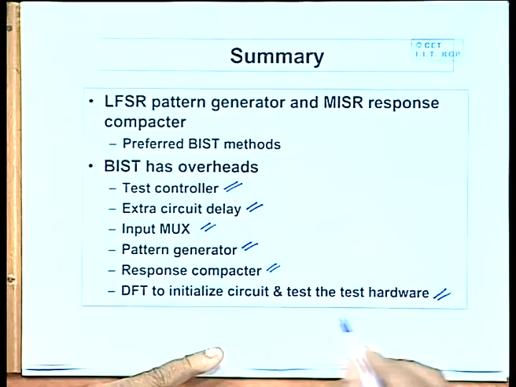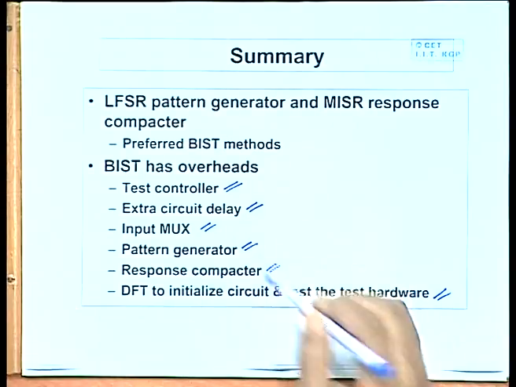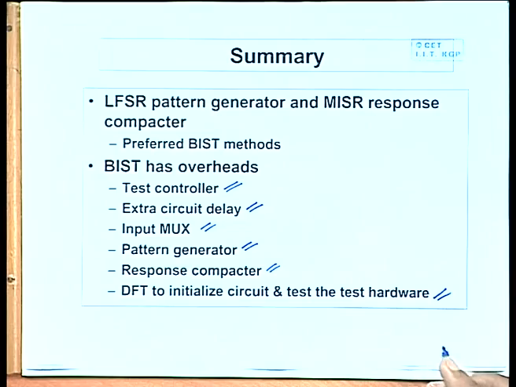So, you will also have to have some kind of scan path, so that you can set the circuit into some known state, and from there you can apply the stimulus and find out the signatures. Okay. But overheads are there, of course, but BIST also offers a number of advantages which are pretty attractive.